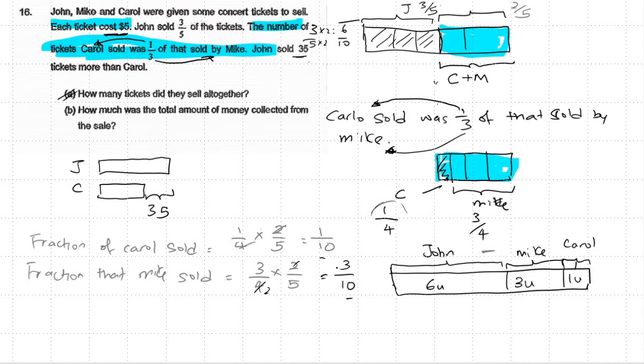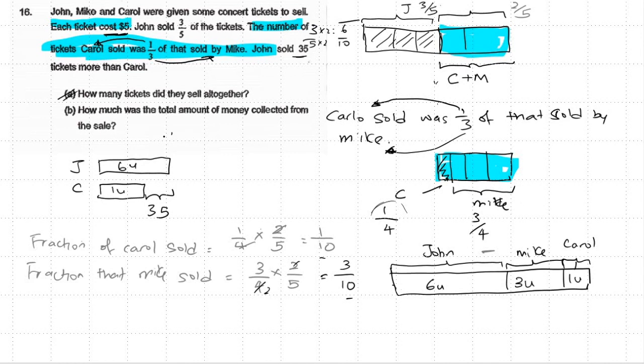So you know that John sold 35 more than Carol. How many units are there when we compare John with Carol? When I bring them back into one big picture, you can see clearly that Carol is 1 unit, and here is 6 units.